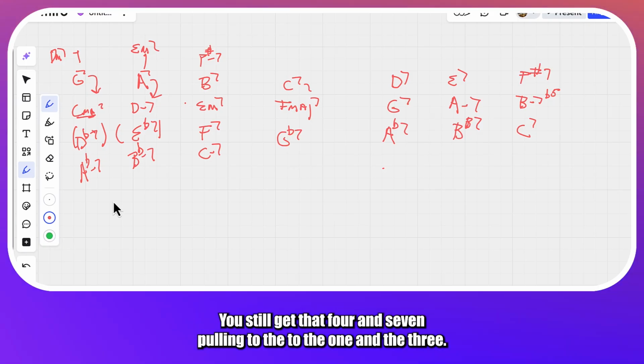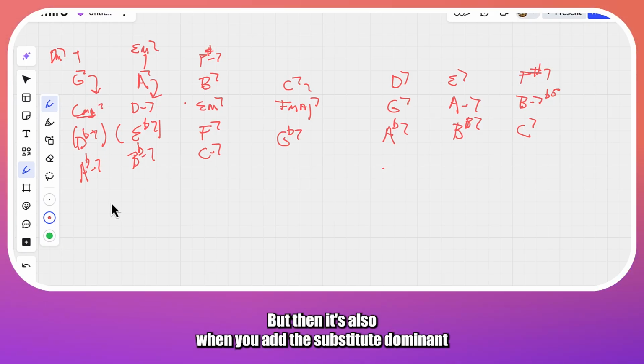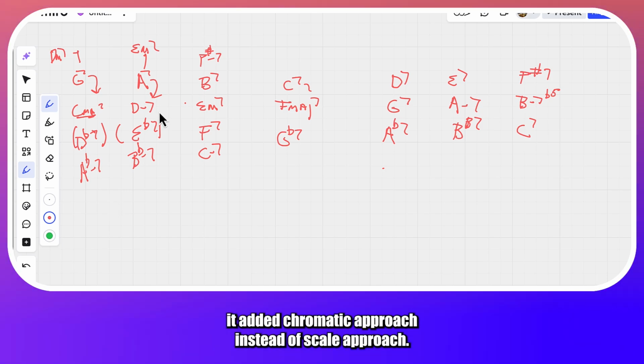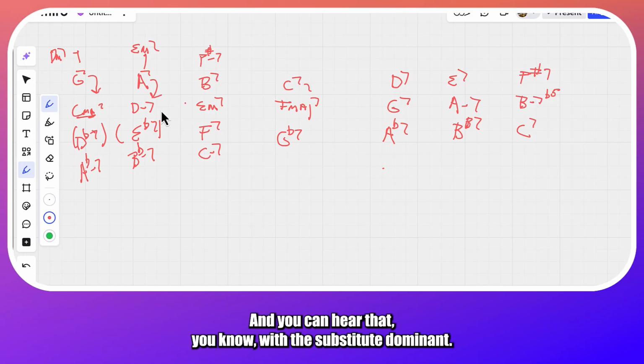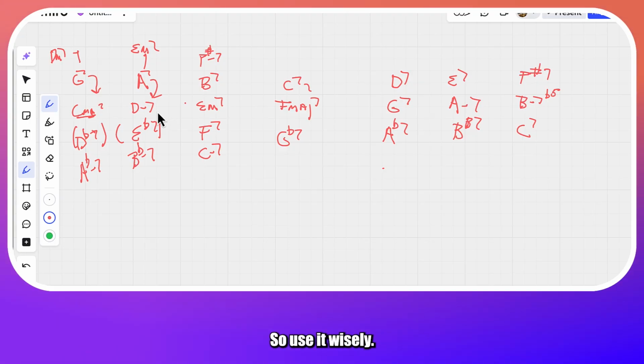You still get that 4 and 7 pulling to the 1 and the 3, but when you add the substitute dominant, it adds chromatic approach instead of scale approach. And that chromatic approach has a different texture than the scale approach. And you can hear that with the substitute dominant. So use it wisely, listen for it. It's a very interesting way.